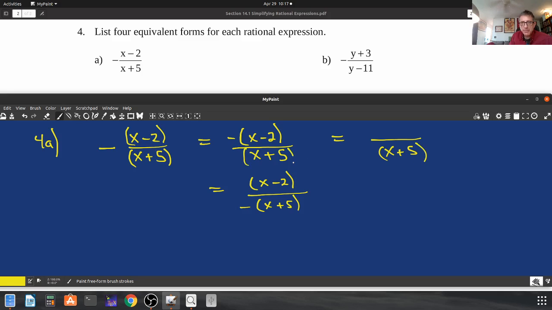I'm going to put that in parentheses. Let's multiply through by the minus 1. So minus x plus 2 is, how do I remove the negative? I have to change the sign of each of those terms.